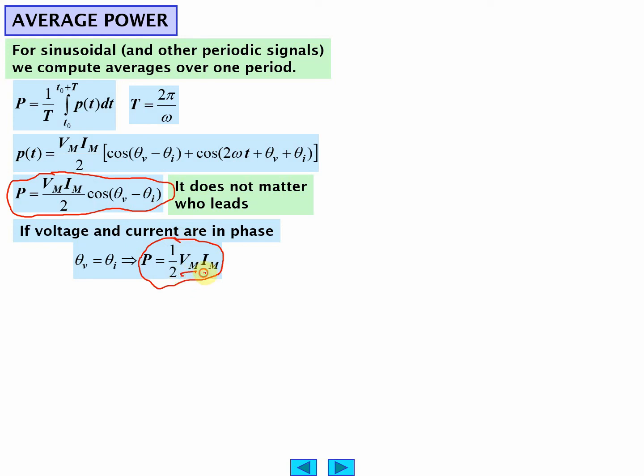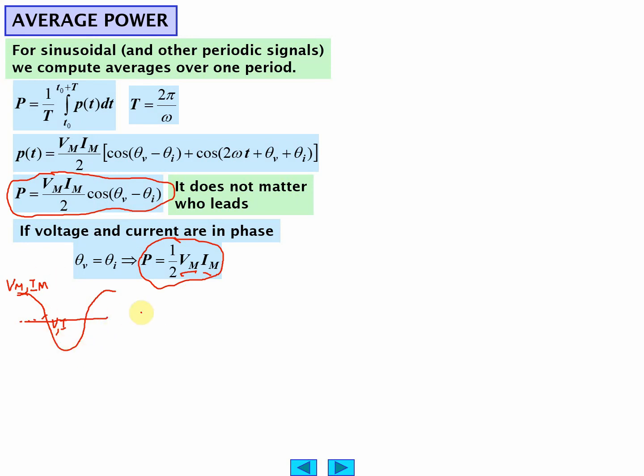maximum times maximum. Now remember, Vm is the amplitude of a sine wave. And if you have Vm and Im, where this is either V or I, you have a sine wave, and this is the zero, the horizontal axis.